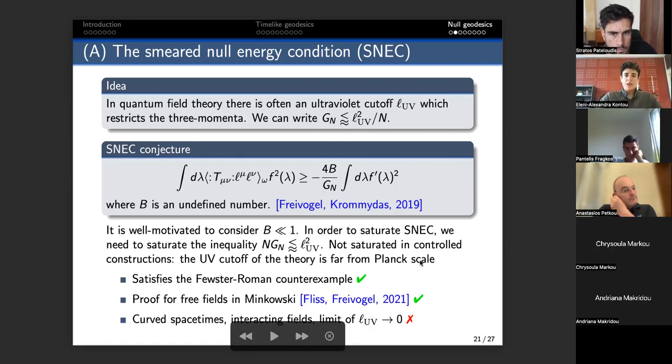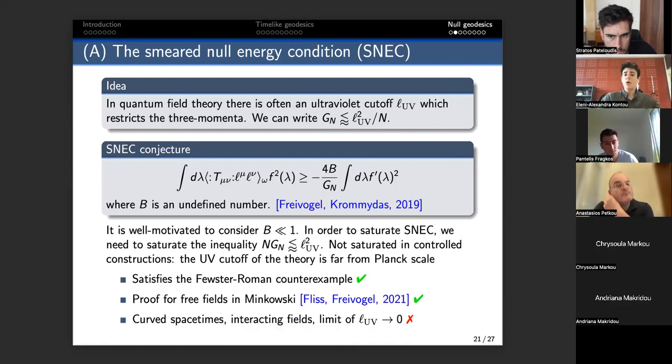So the B here is an undefined number, but it can also be a very small number because the largest value the B can take is 1, and that happens when we saturate this inequality. We saturate this inequality when the theory is very close to the Planck scale. So in situations where the theory is far from the Planck scale, we can consider that the B is actually a small number.